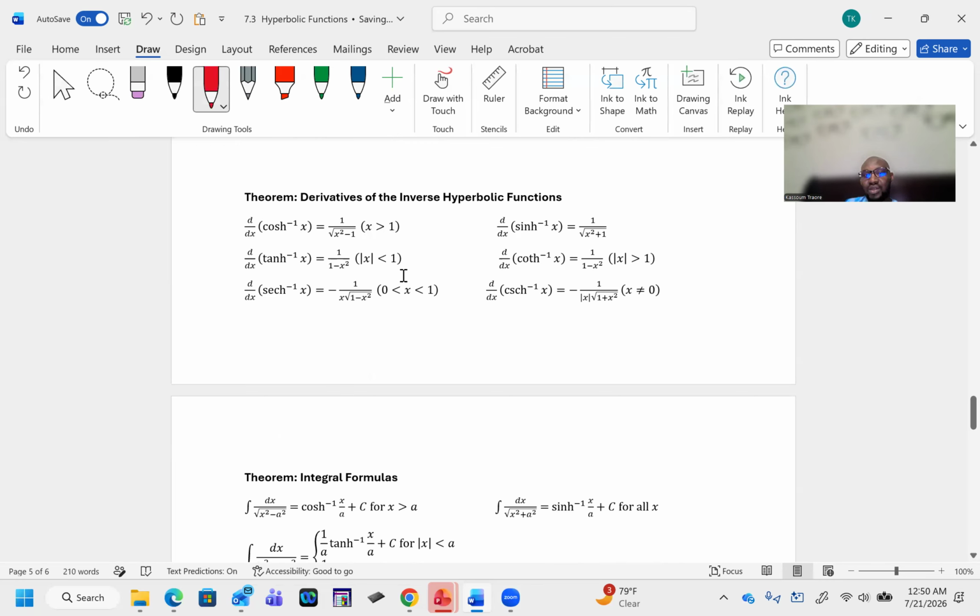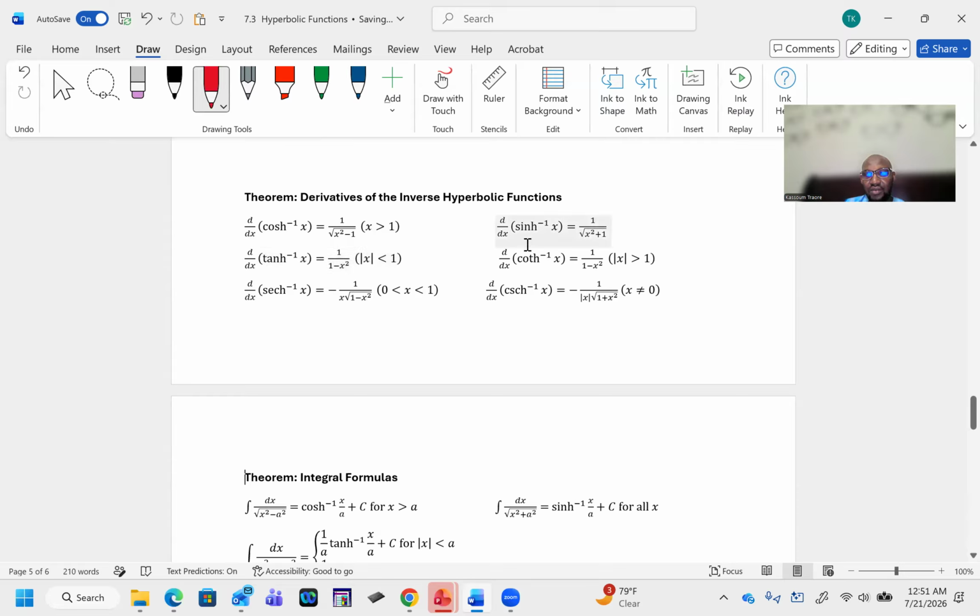So the derivative of inverse hyperbolic cosine of x is equal to 1 divided by square root of x squared minus 1, with x greater than 1, and so on.